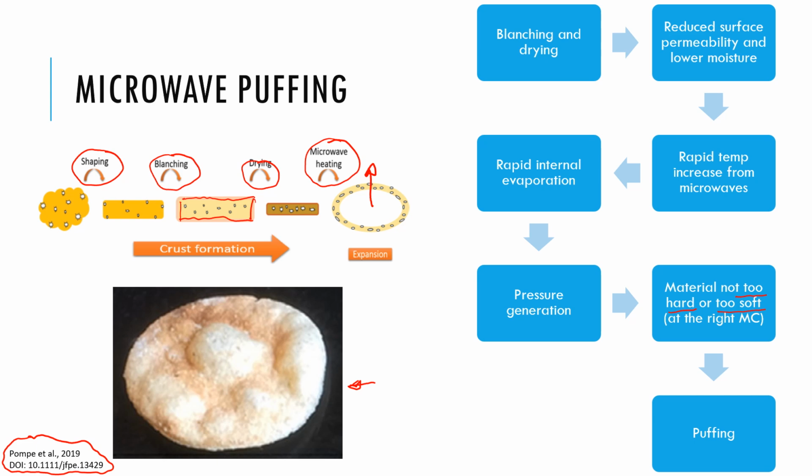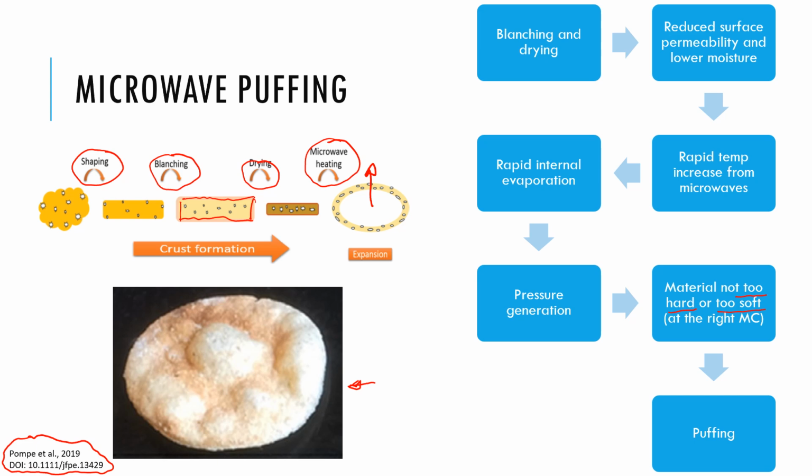So how does it relate to rice puffing? Microwaves lead to faster gas generation, that's the water vapor generation, faster than it can be released. And the crust formation helps in reducing the release rate.